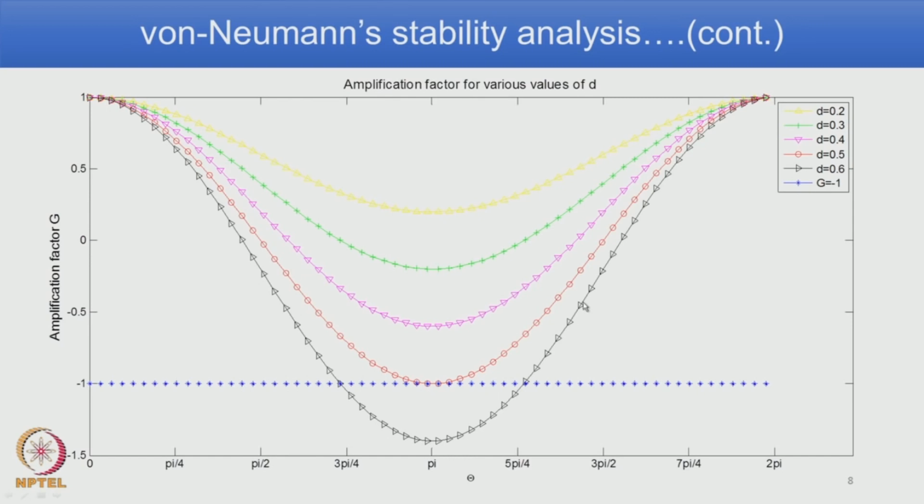So, this is above that condition, and you can see here for this range of theta it exceeds the condition that g should be within 1.